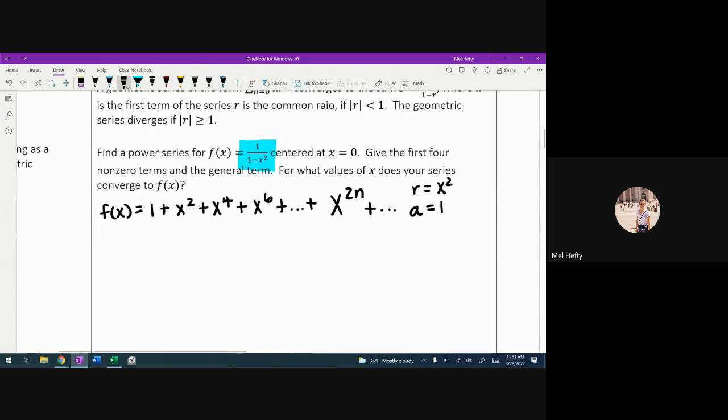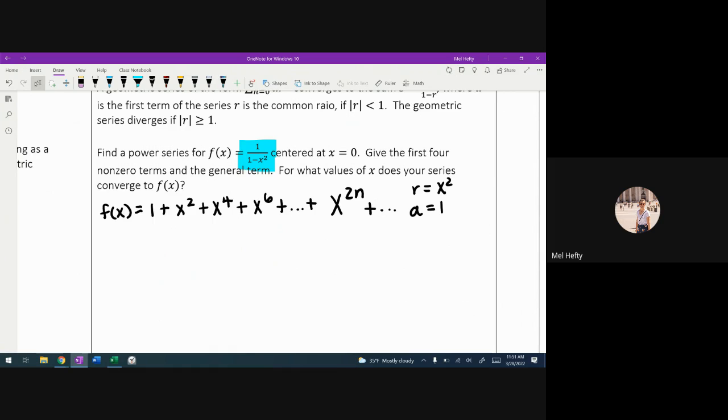Now, we actually get a kind of cool conclusion about interval of convergence here. So this is asking for what values of x does my series converge. That reminds me of doing interval of convergence. Does anyone remember how we did interval of convergence in the 9.2 notes? We tested endpoints after we did ratio tests.